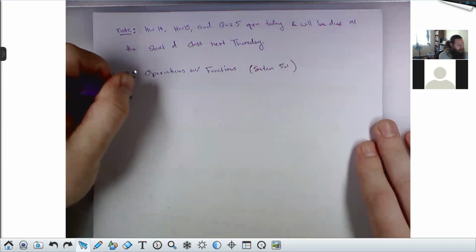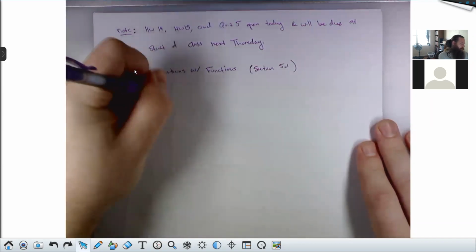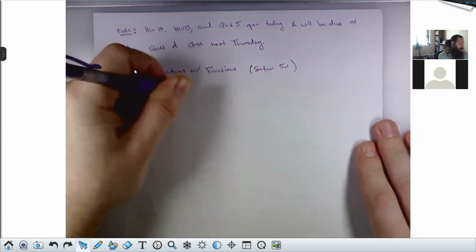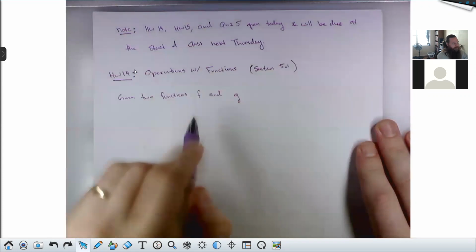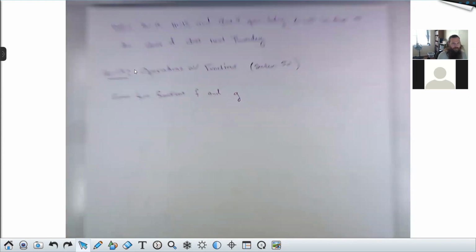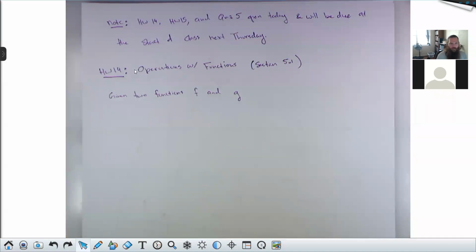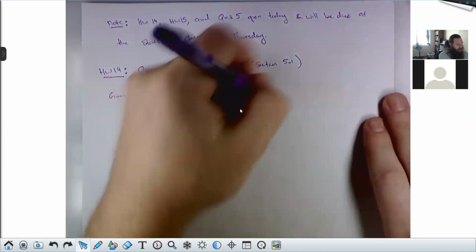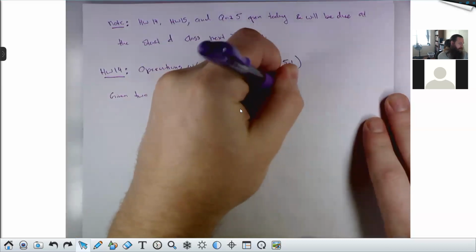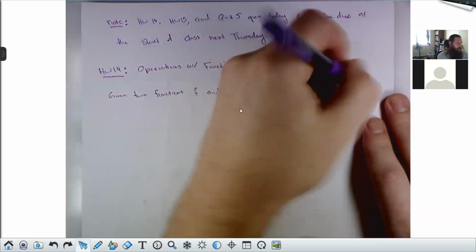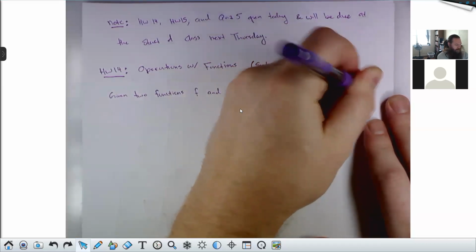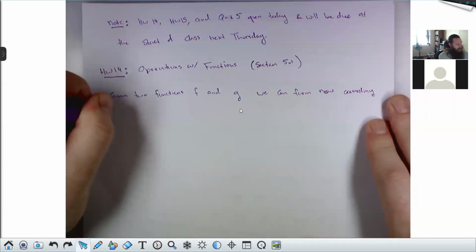So given two functions f and g, and I'm leaving off the of x's here because it's nice to learn to use slightly more grown-up language where you refer to the function as f or g, and you refer to the output as f of x or g of x. We can form new functions according to the rules.